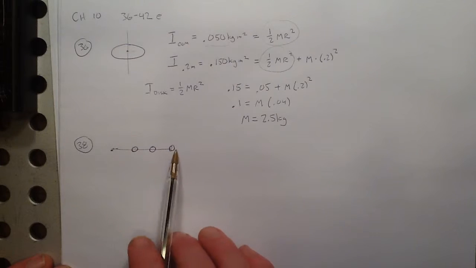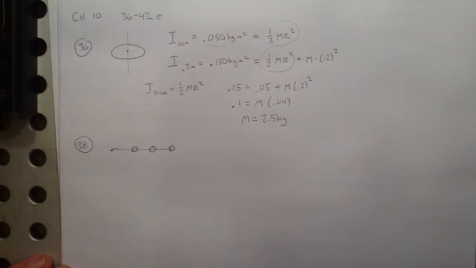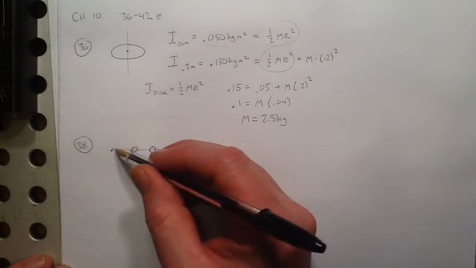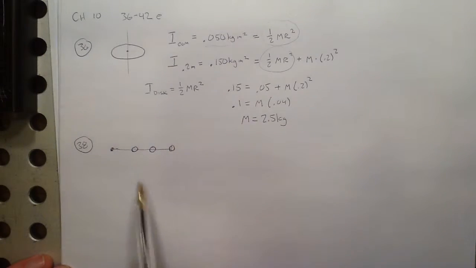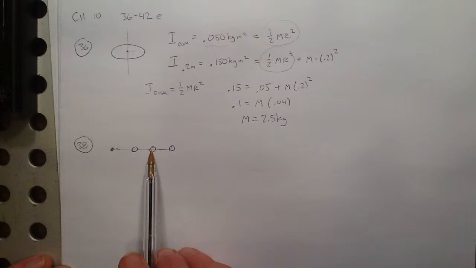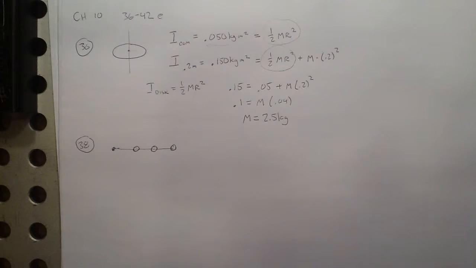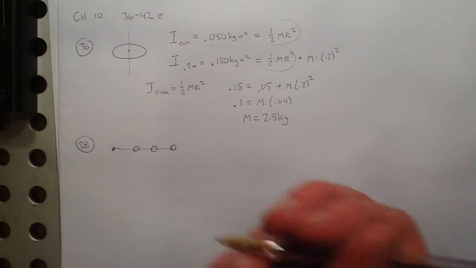In other words, the moment of inertia is just because of these three particles. So the total moment of inertia, or rotational inertia, of this assembly is just the mr squared of this plus the mr squared of this plus the mr squared of this. It's just like three particles. The rod has negligible mass. So even if you tried to calculate it, you'd have to put in 0 for the mass, right?